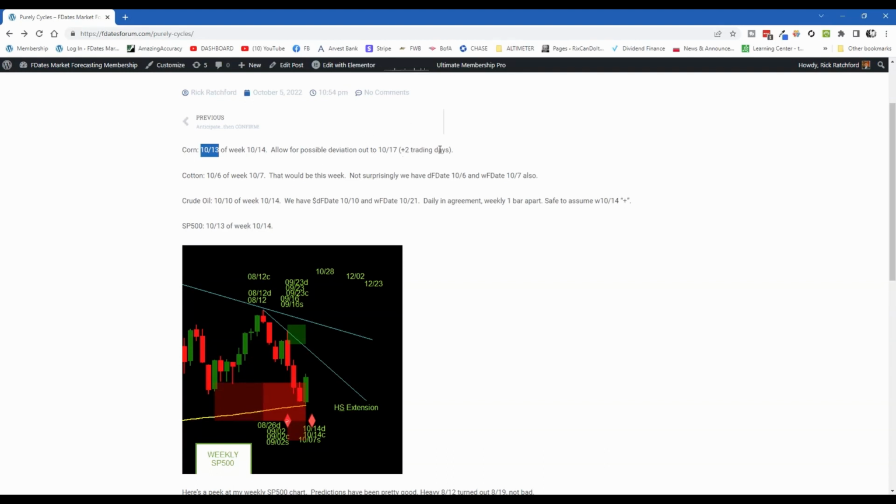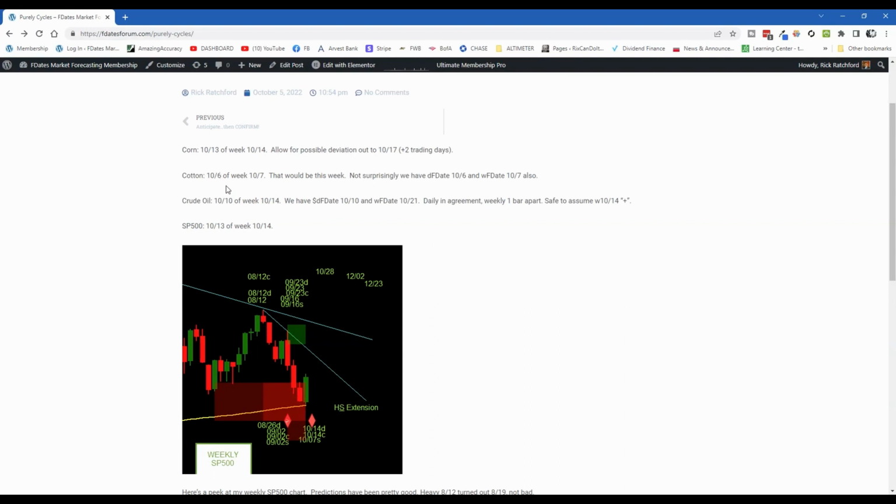So I wrote possible deviation out by 2 trading days. But right now I have it centered around the 10/13 area there, which falls in week 10/14. Obviously, 10/17 falls in the following week, which is 10/21. Anyway, so there you go. You know the approximate time period. It's a very small window of time for what may be an important turn in corn.